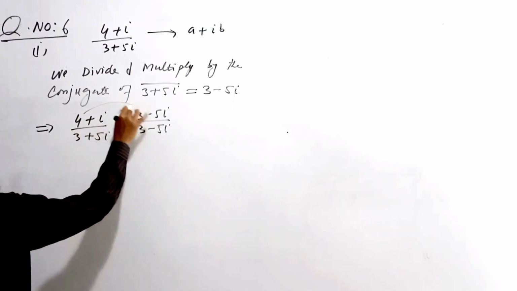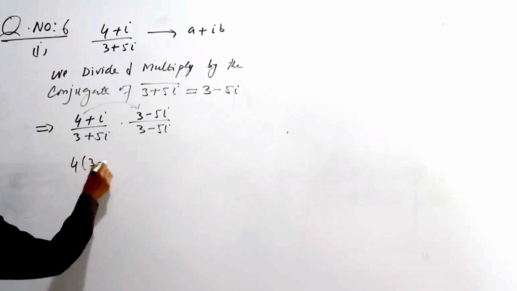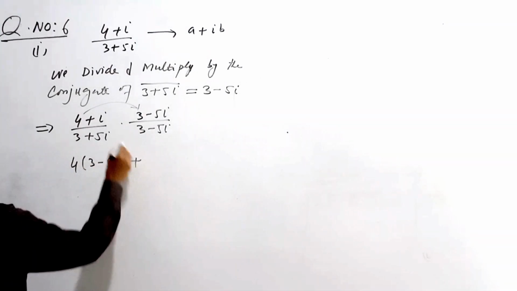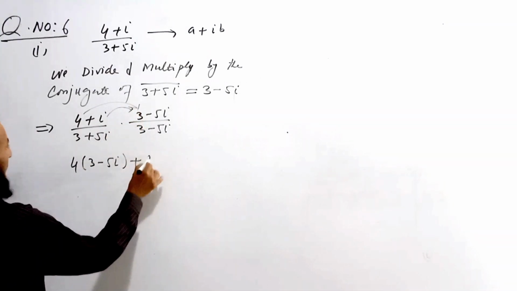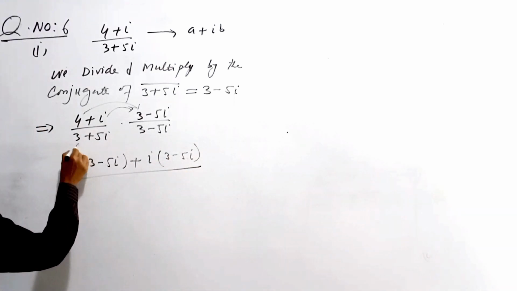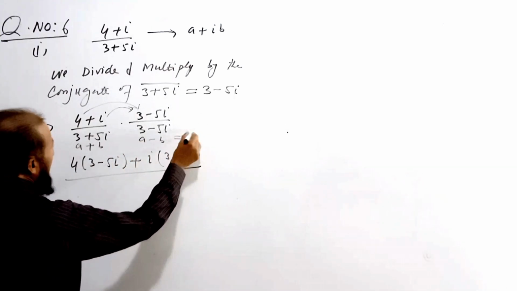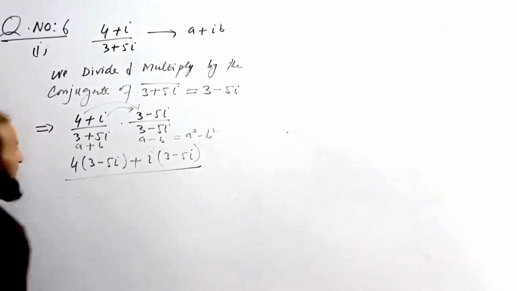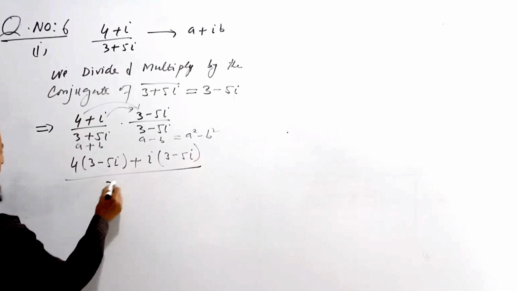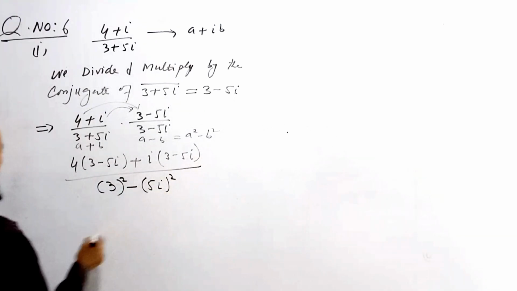Now we multiply the numerator terms to each other. 4 into 3 minus 5 iota plus iota is also multiplied by 3 minus 5 iota. Now here we use the formula a plus b, a minus b, we get the answer a square minus b square. Now look here, we use the formula a square minus b square, 5 iota whole square.